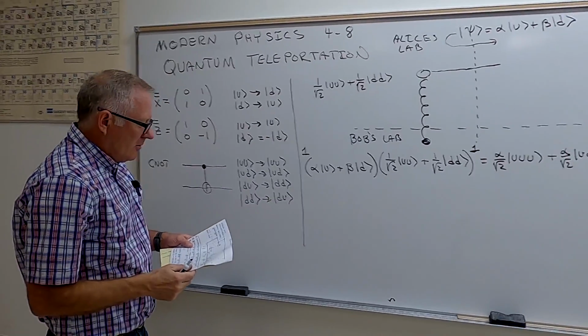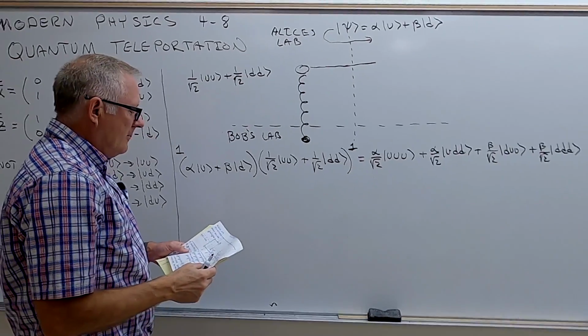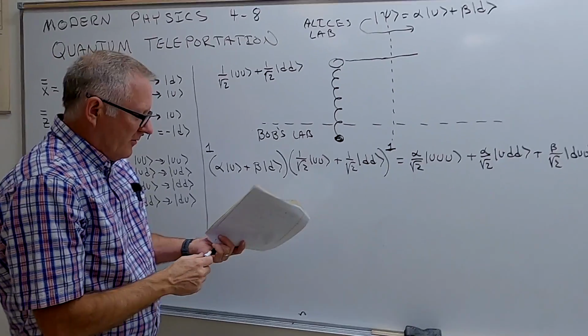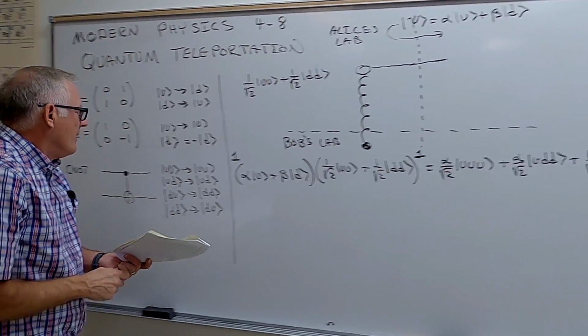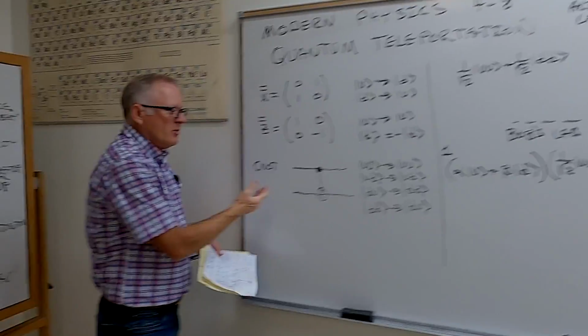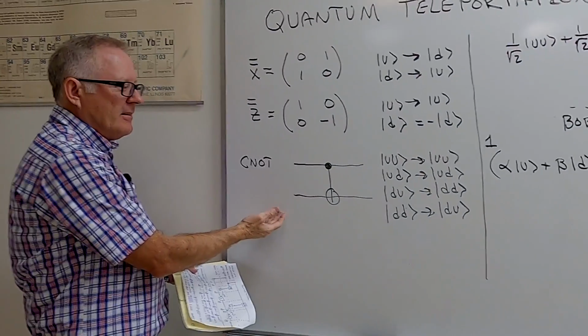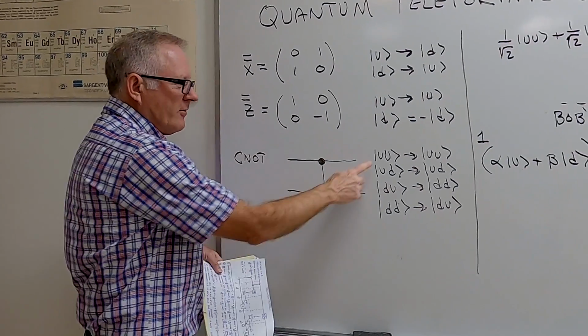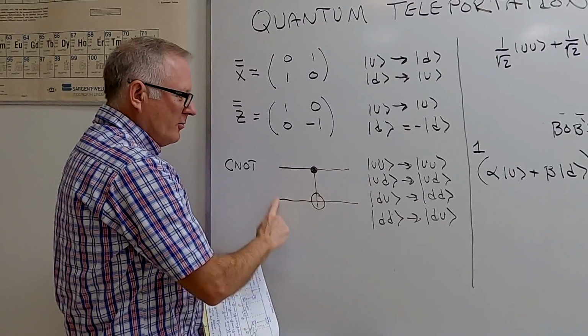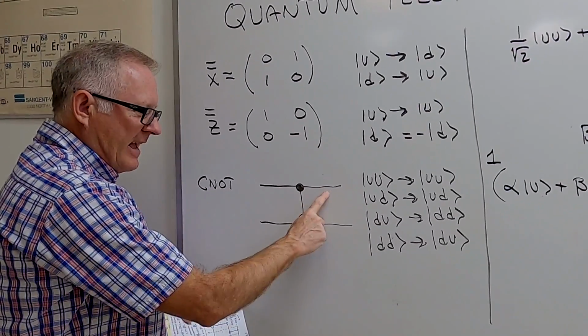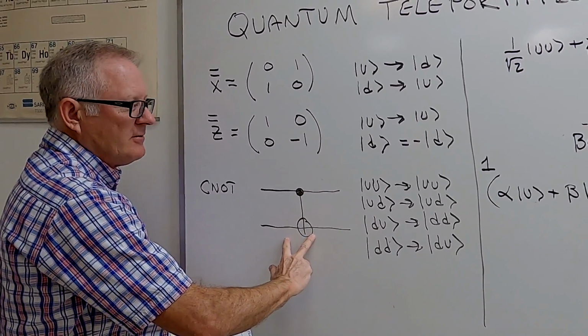Okay, so what is Alice going to do with one of her bits? Remember, these were our gates. These are the only 3 gates we'll need. The C-NOT, which says if the first one is an up, don't do anything to this. If this is a down, then turn the ups to downs and downs to ups.